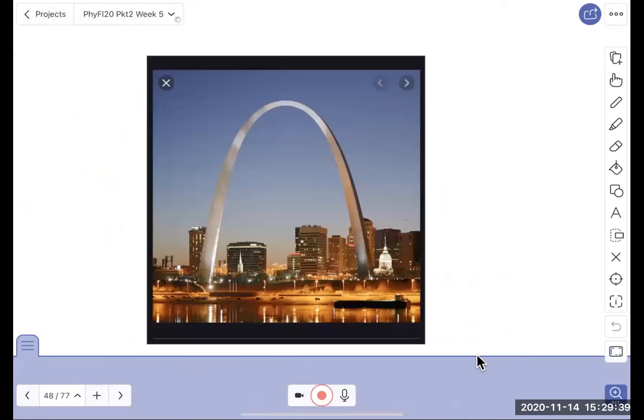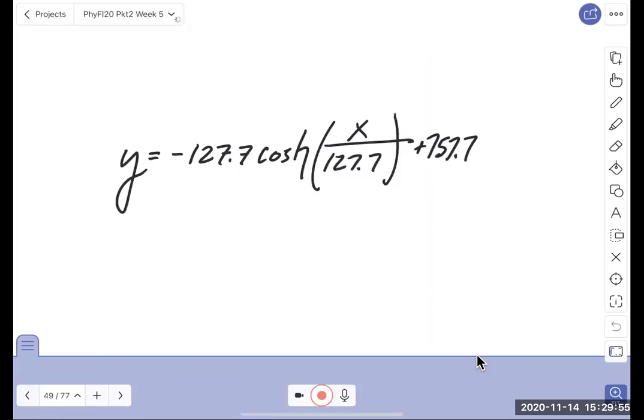But I did that for a couple of years and I'd show the students, and that's cool and all. Finally, Lenny Gibson, a legendary math teacher at Norman High, said, no, that's not quite it. The formula for the St. Louis Arch is a hyperbolic cosine.